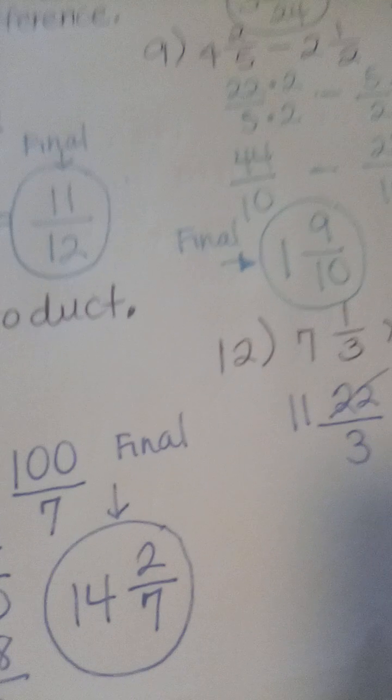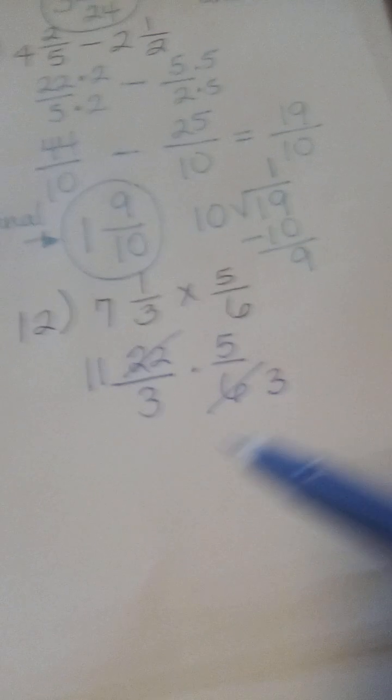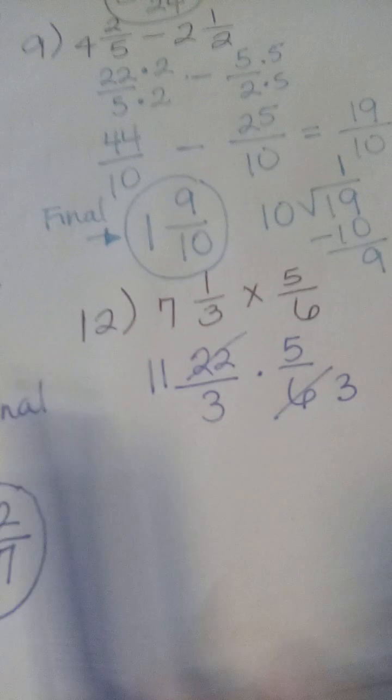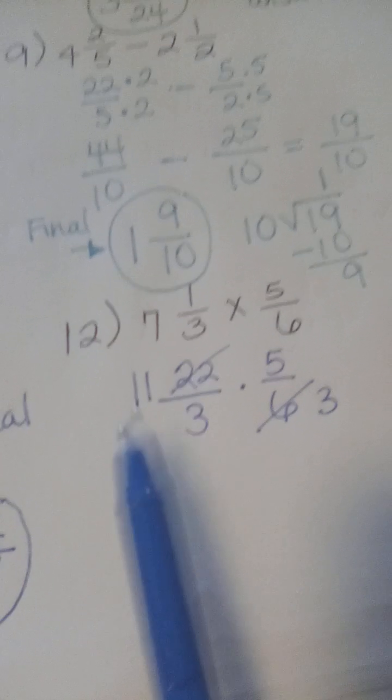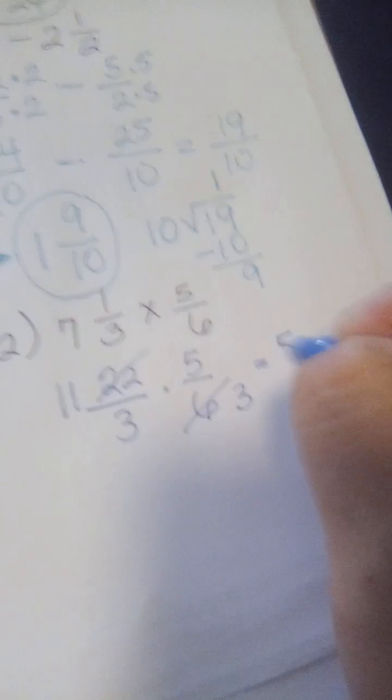Now we're almost done with this part. We clean it up a little bit. We have the numerator and the denominator. So we got 11 times 5 is 55. Then we got 3 times 3 is 9.